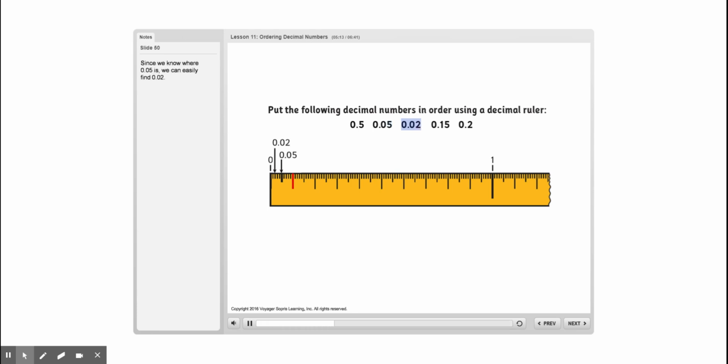Since we know where 5/100ths is, we can easily find 2/100ths. 15/100ths is greater than 1/10. And we can easily find 2/10ths. If we move to the right 3 more long lines, we are at 5/10ths. Now we can write our decimal numbers in order.